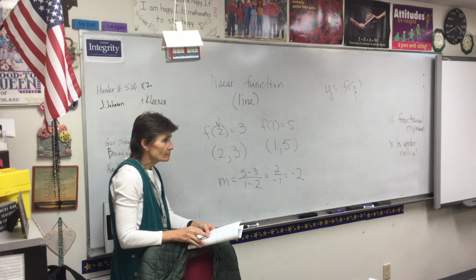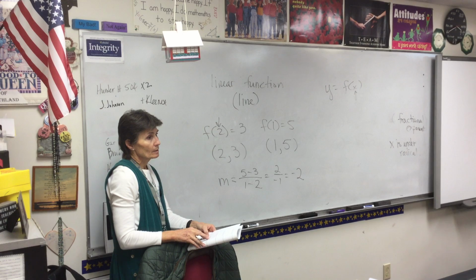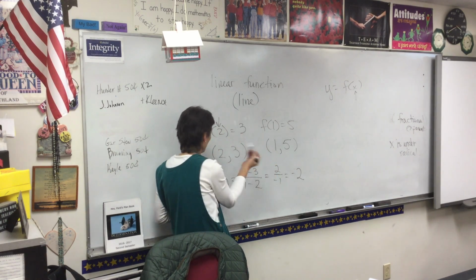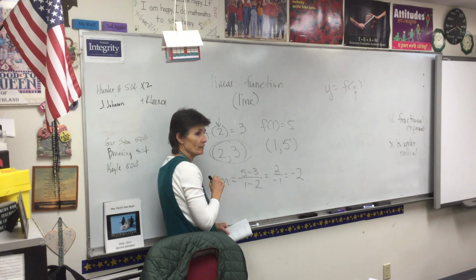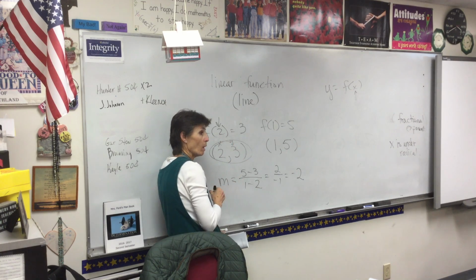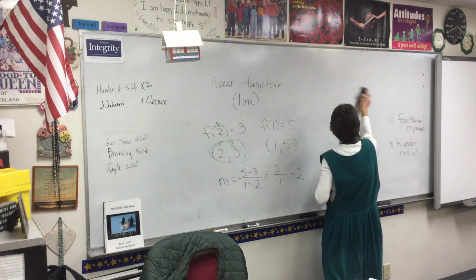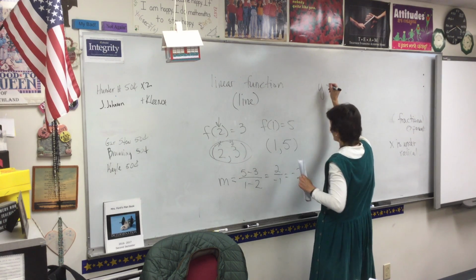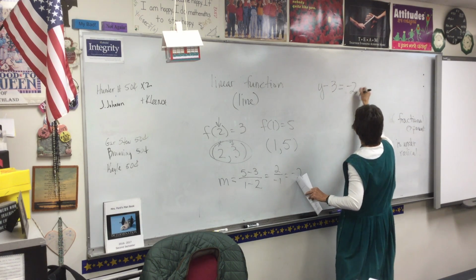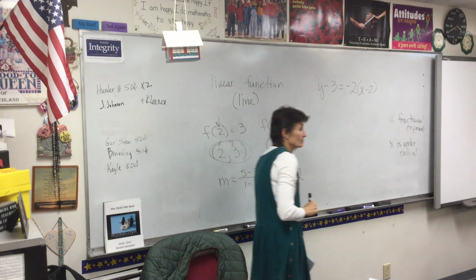Now what? That is not the answer. I am not done. We call it point slope. So now I pick one of my points. It doesn't matter. I'll just pick that one. I can pick either one. Doesn't make any difference. And that's my x and that's my y. And my point slope form says y minus y equals m times x minus x.